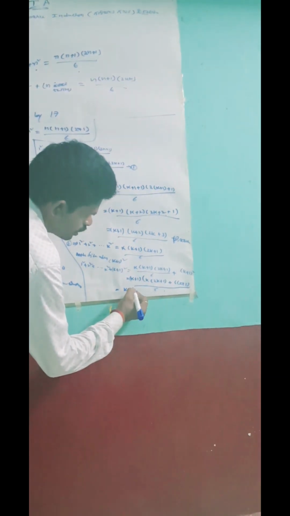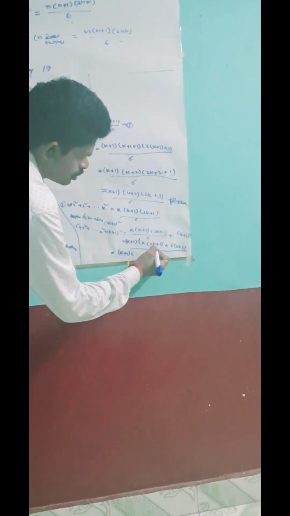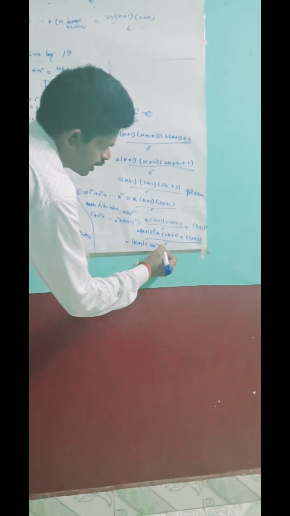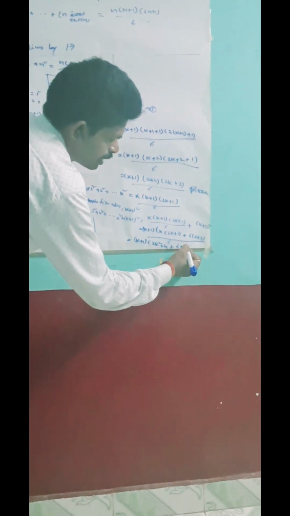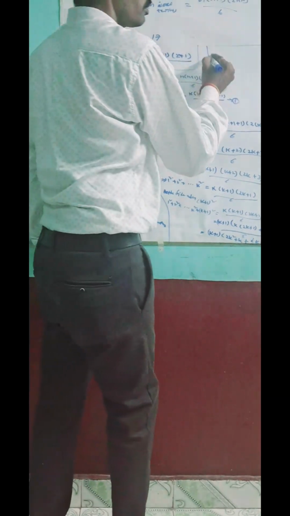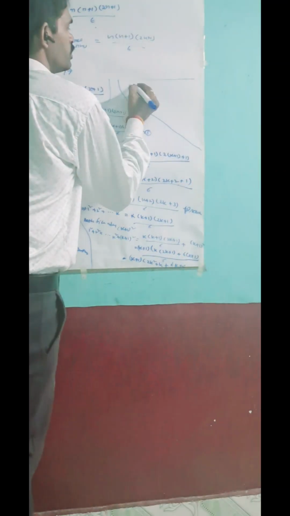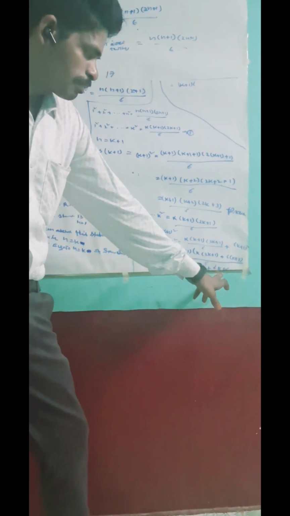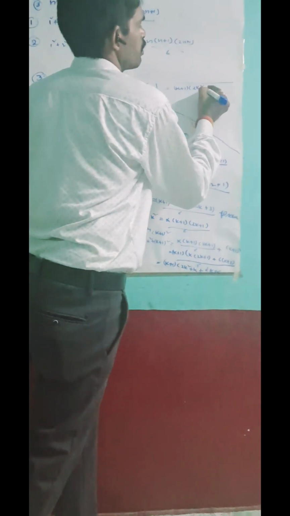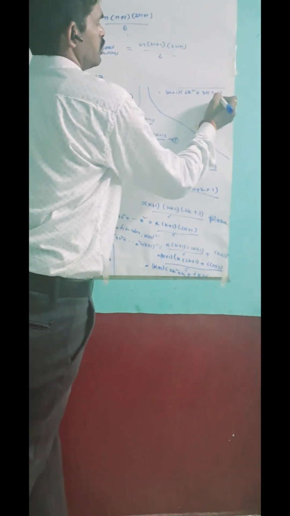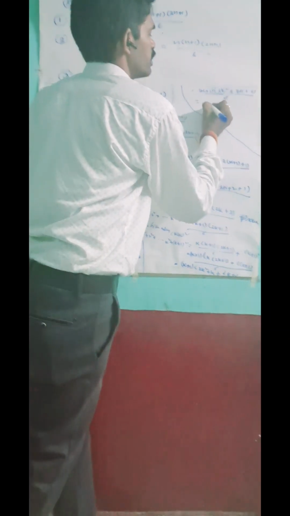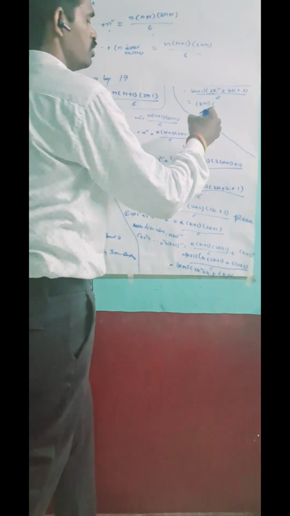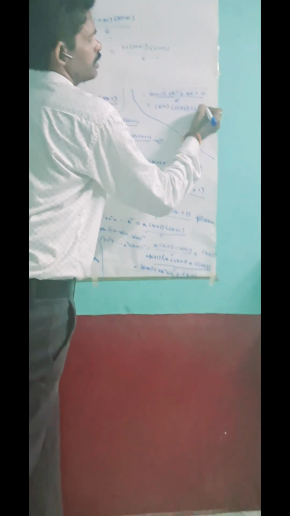So that is equal to k plus 1 into 2k square plus k plus 6k plus 6 by 6, so that means 2k square plus 7k plus 6 whole by 6. దీన్ని సింప్లిఫై చేస్తే k plus 1 into k plus 2 into 2k plus 3 whole by 6.